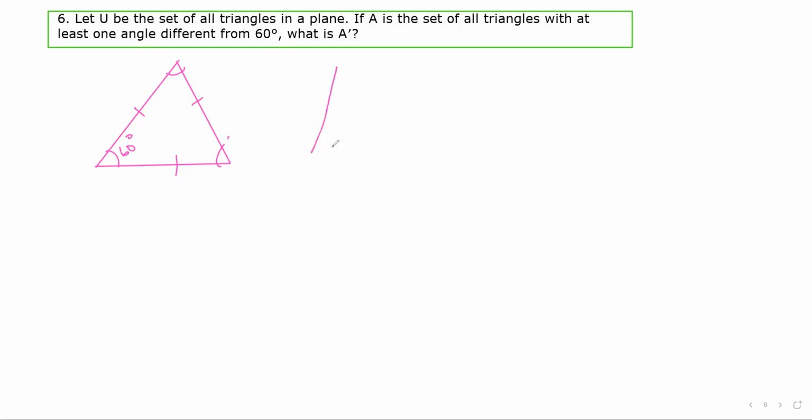If you have another triangle, and here you have a third triangle, here all angles are 60 degrees. So you can have a scenario where only one angle is 60 degrees and the other two are not equal to 60 degrees.